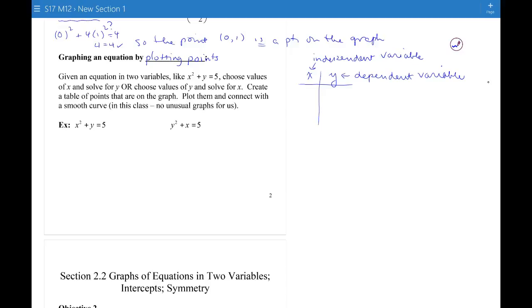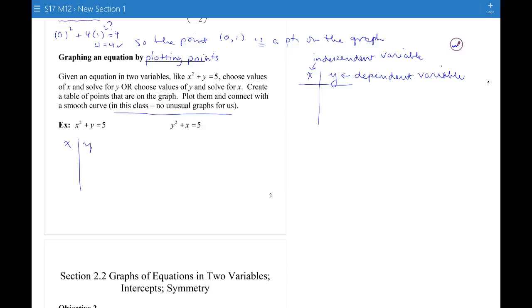So these two examples, it might be easier to choose values of x in one case and find y's, or choose values of y and find x. So either one is fine. And then you plot them and connect with a smooth curve. In this class, we're all smooth curves. We're not doing anything with jumps or out of the ordinary things.